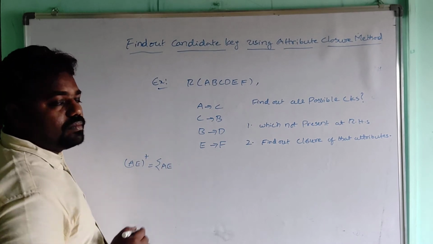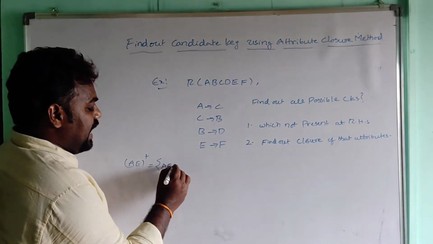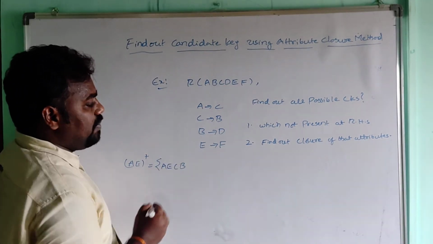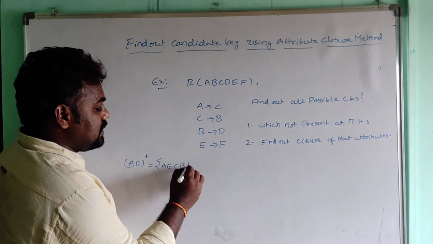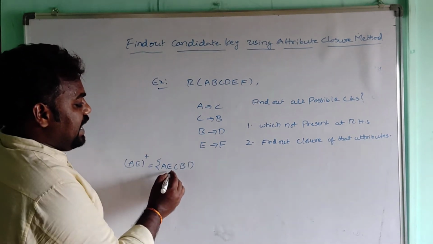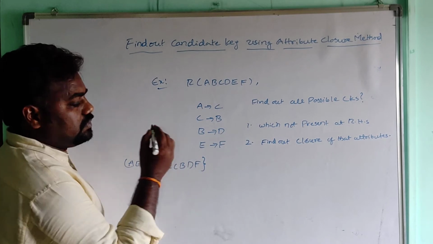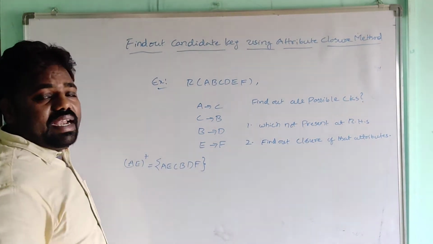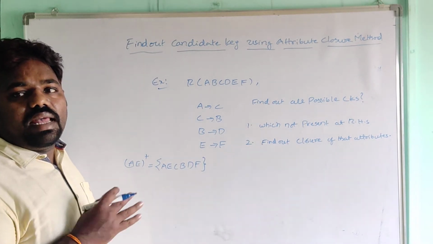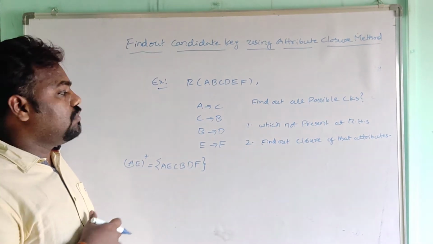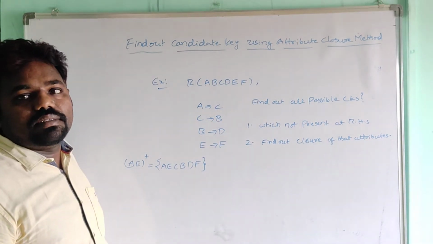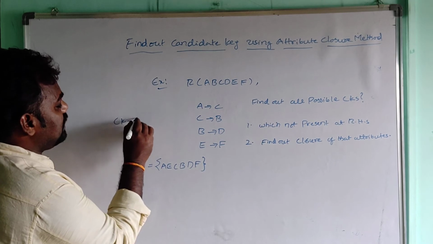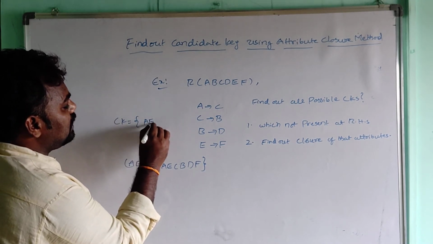AE determines A, A determines C, and C determines B, and B determines D, and E determines F. Here AE plus can determine all the elements of the given relation. Then the candidate key for this table is AE.